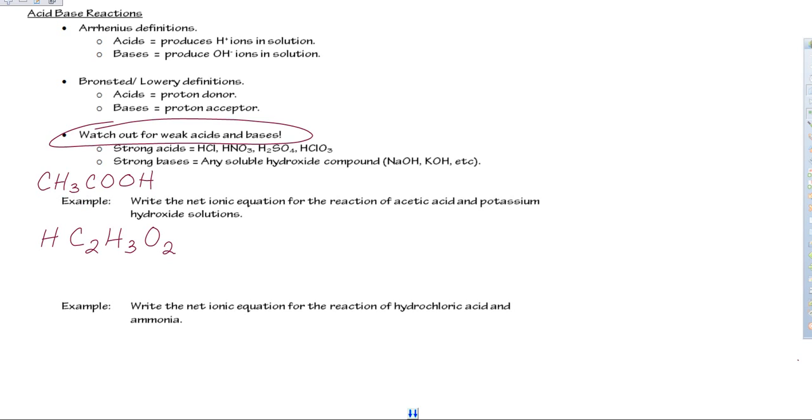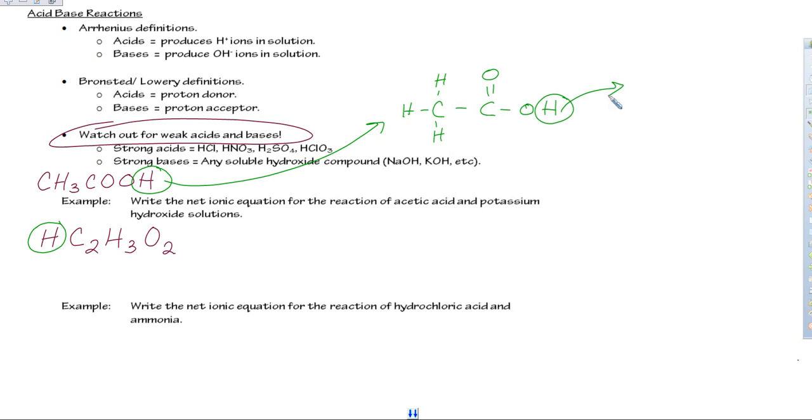The hydrogen that we're going to lose is either this guy, or here it's dangling off the end. This organic structure matches its true molecular model, where there's a carbon surrounded by 3 hydrogen, then comes another carbon. There's a double bonded oxygen and a hydroxide group. It's this guy that we're going to lose.